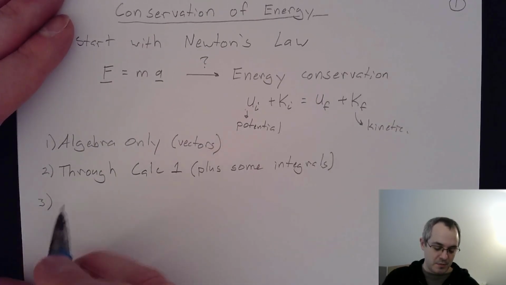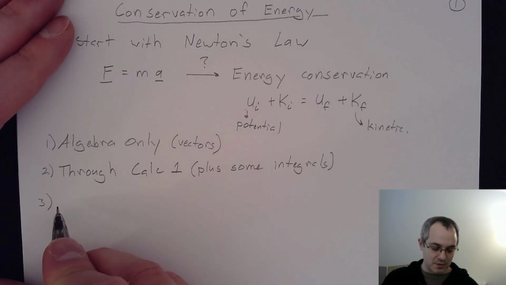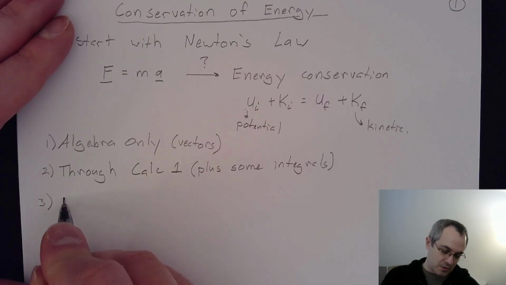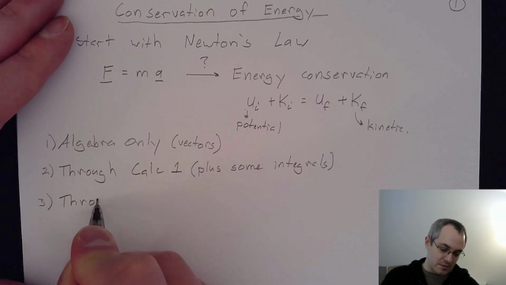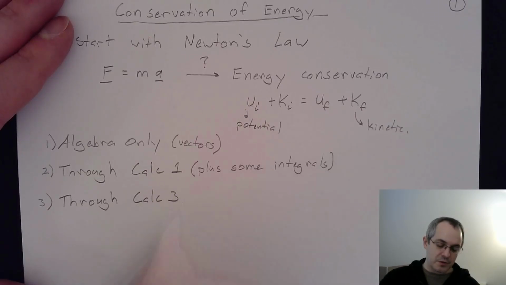The third way is going to be through Calc 3. I feel like once you've done 1, 2, and 3, it's pretty universal in terms of this kind of stuff that you've seen. So we'll say this last one is going to be through Calc 3. So those are the three methods.